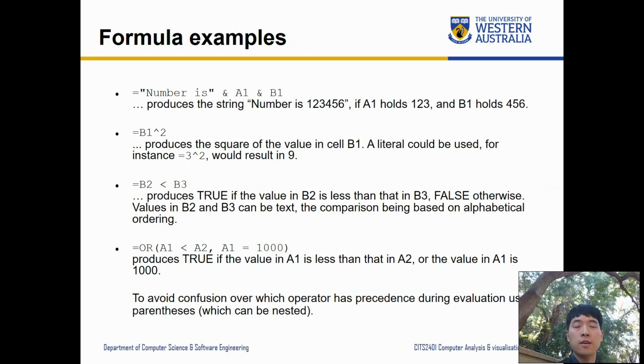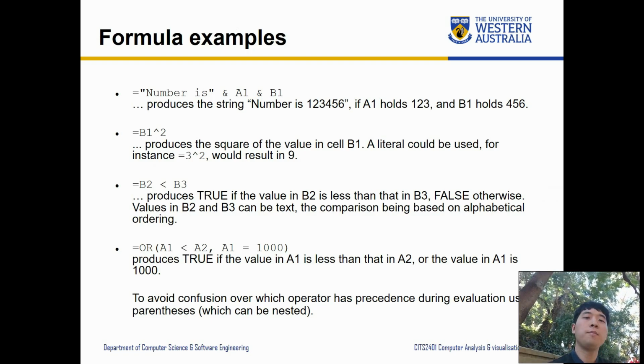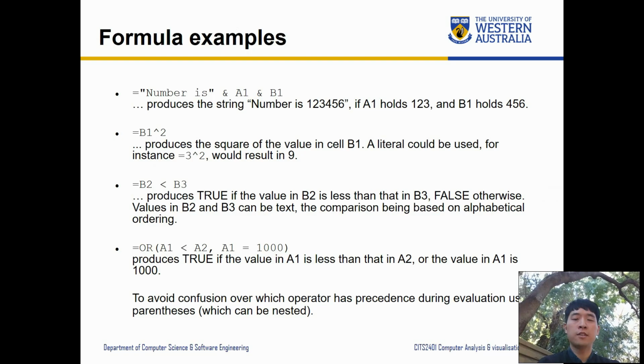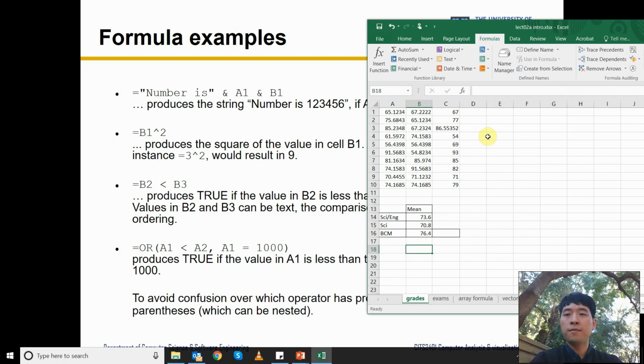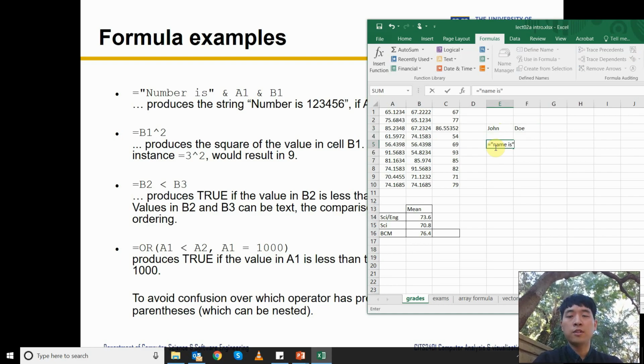So now we're going to look at some examples of formulas. Again, the ampersand is the concatenation of strings. So here, if I have some string values, John Doe in F3, then I can say equals "name is", so this is a string.